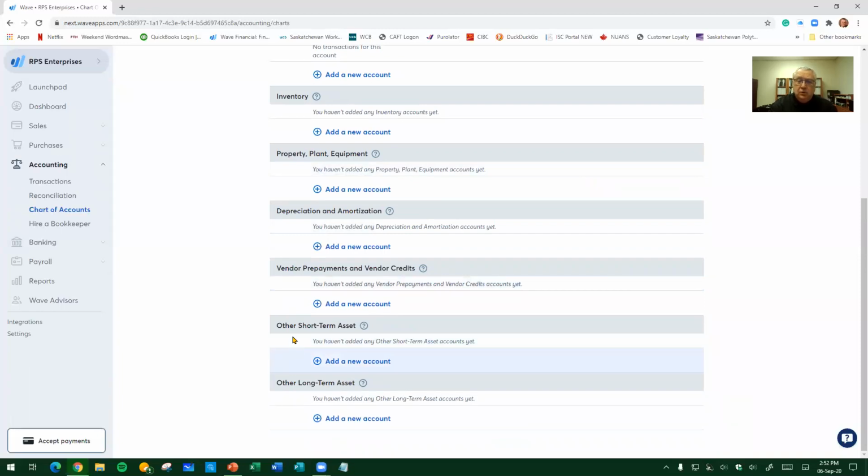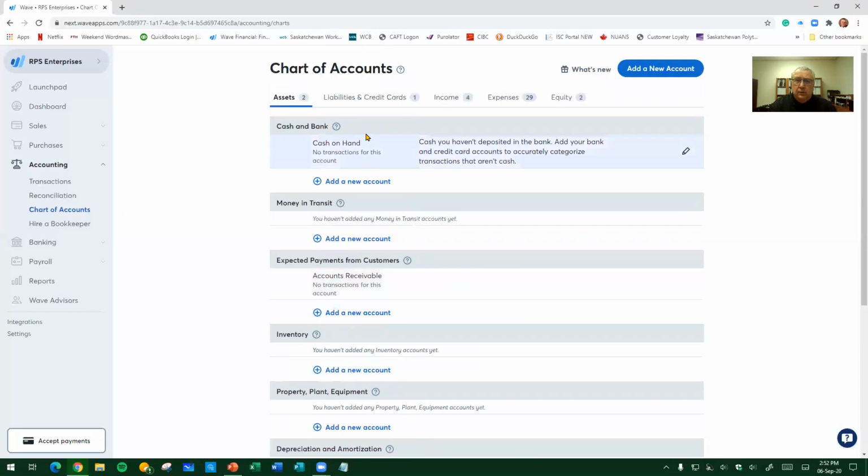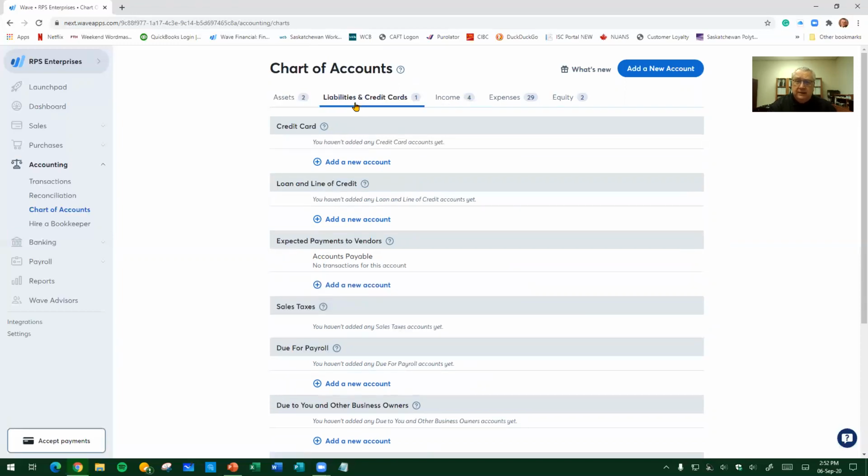And sometimes you have special assets, which are called intangible assets. And possibly you have long-term assets too. And so this would be A for assets. And there we are. The next choice in front of us is liabilities.